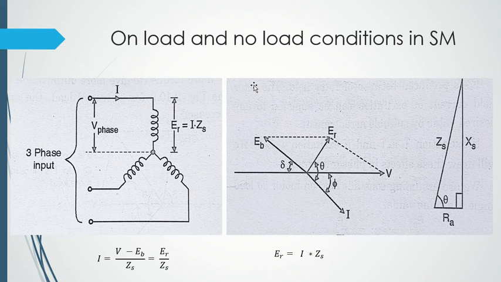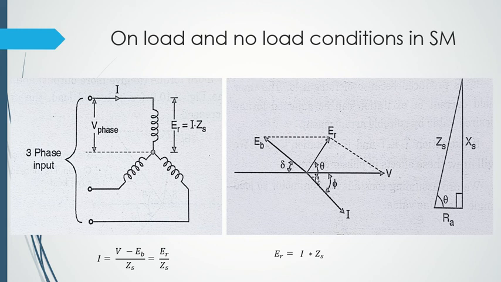We will denote that 90-degree shift in current with theta, and we call this theta the internal angle. It can be found from impedance only. Because R is negligible, we can take theta as almost equal to 90. Now let's try to draw the phasor diagram again.